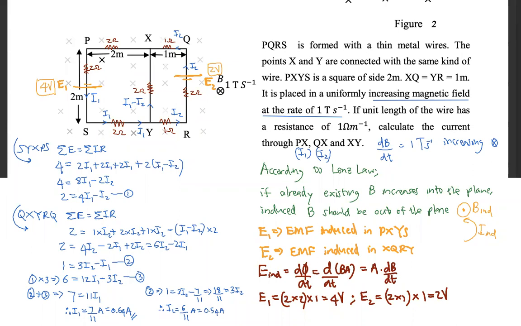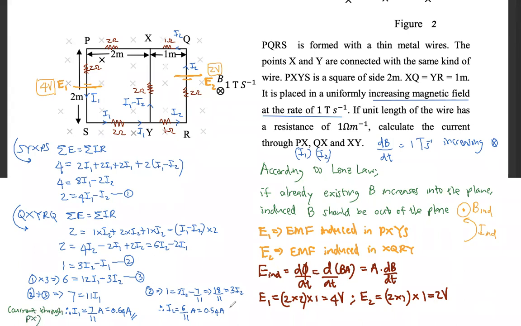All right. And what are we supposed to find out next? So we have I1 is the current through Px, I2 is the current through Qx, and finally the current through Xy. Let's write the final answers. I1 is the current through Px.